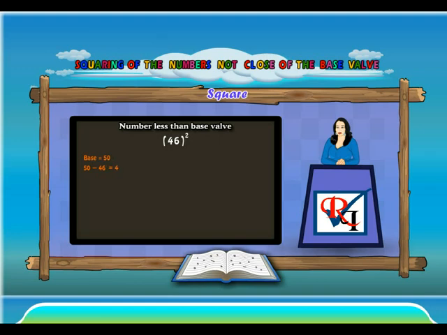Now as our base is 50, we write 5 like this and multiply with 46 minus 4. Remember, we subtract 4 from 46 because the difference of 50 and 46 is 4. Okay, don't get confused. And after that, the square of 4 again, which comes from the difference of 50 and 46, that is 4.